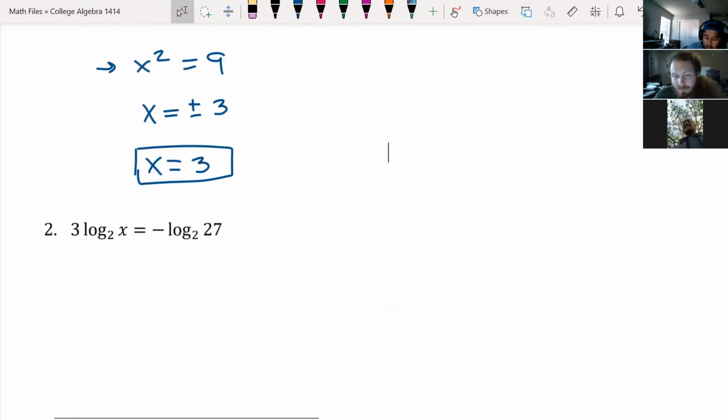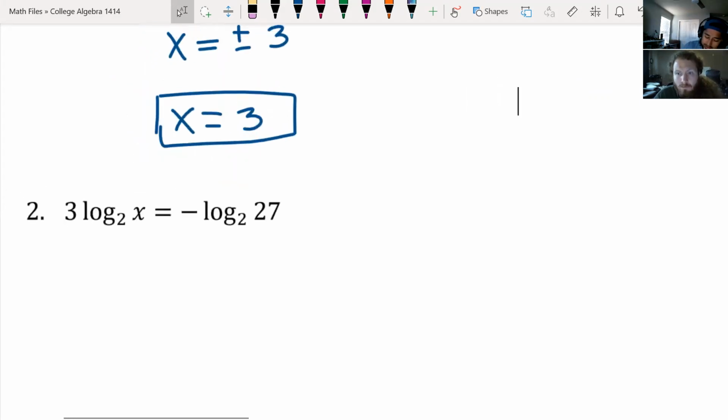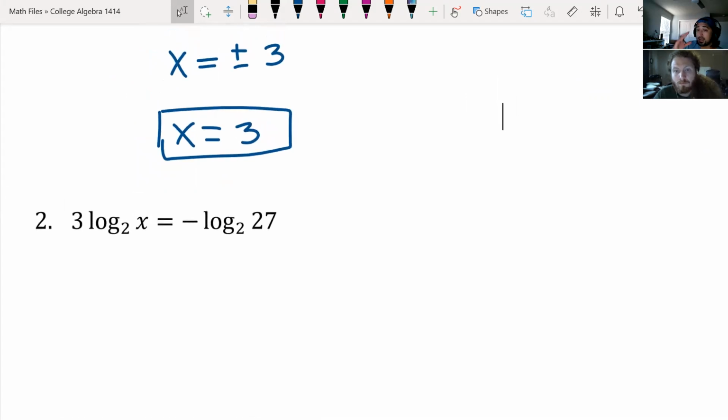Okay, let's keep going. Number 2, 3 log base 2 of x equal to negative log base 2 of 27. So what we're going to do here is the same as we did above. Let's go ahead and get the logs by themselves, meaning let's move those numbers by using the power rule.